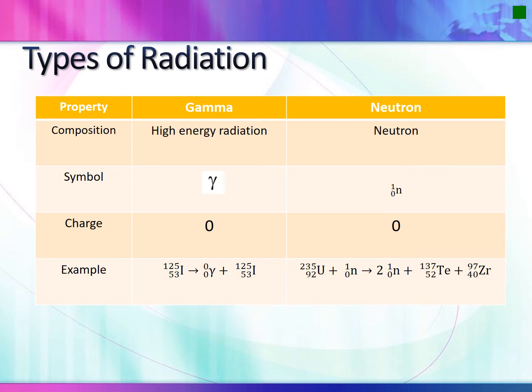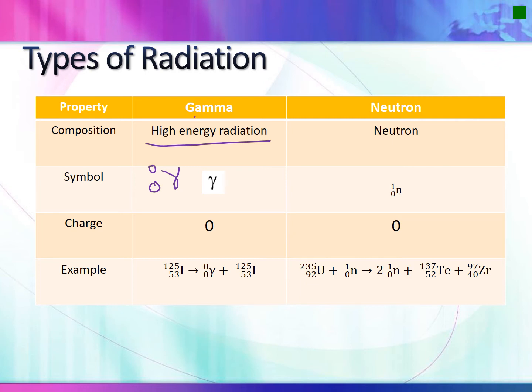All right, gamma. Gamma is just high energy radiation. It has no mass, it has no charge, it is just pure energy. So a gamma particle, you write it like a y loopty thing. If it's nothing, it has a 0 mass, which means it has 0 charge. How do I remember that gamma is 2 zeros?